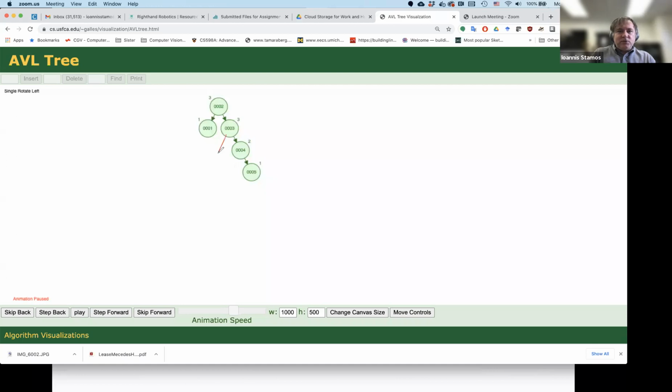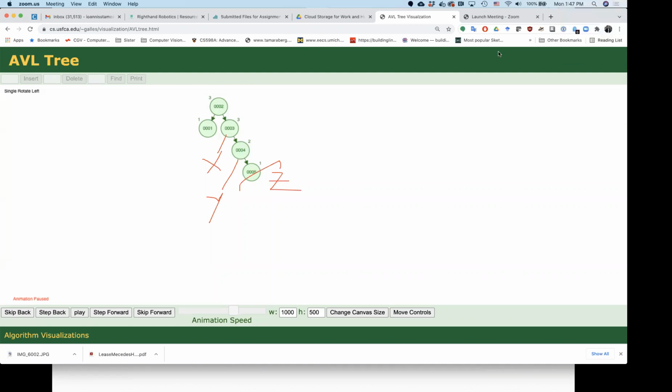This is your X. This is your Y. And this is your Z. Professor, I'm curious, why is it a single rotation again? I understand why you're doing the single rotation, but why is it considered that?